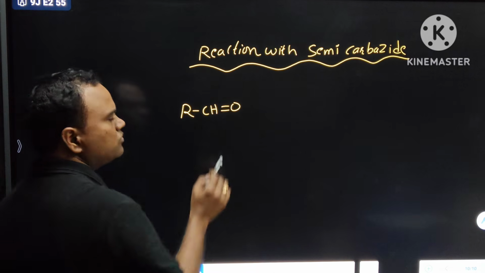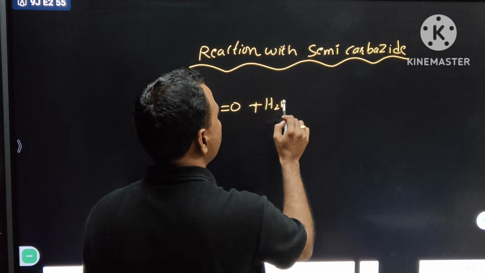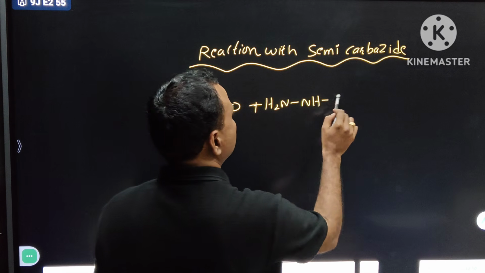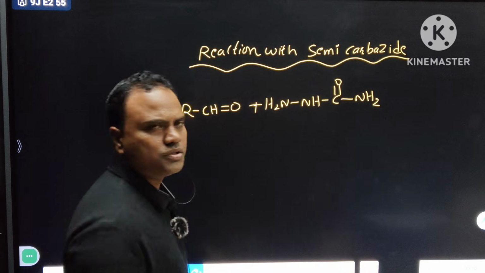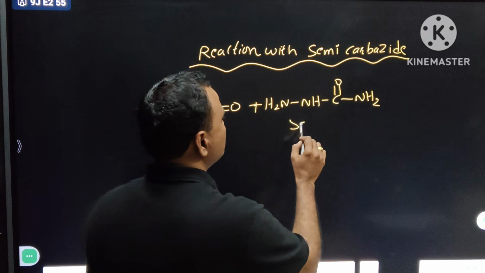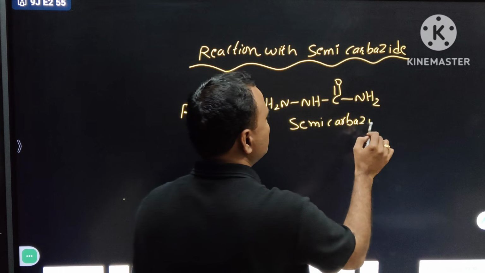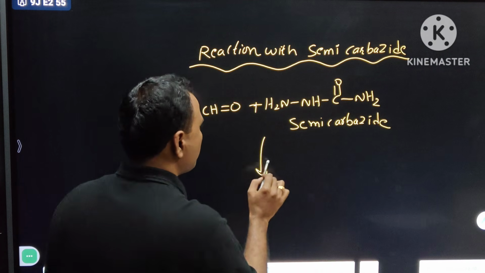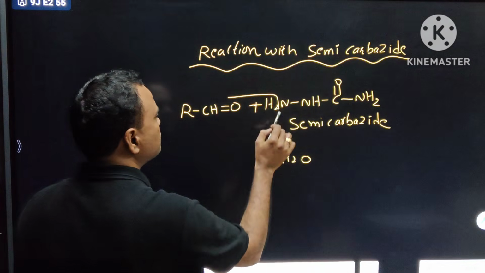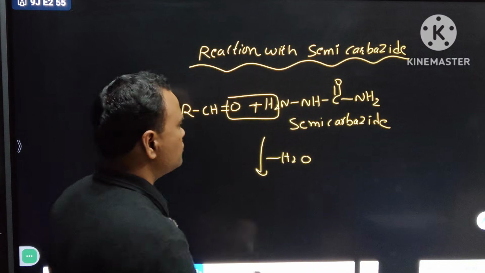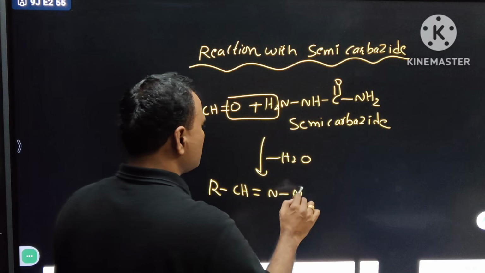RCH double bond O. You have to remember this. Clear? This is semicarbazide. This is also important. Remove water, minus H2O. What you will get? Semicarbazone. Semicarbazide.